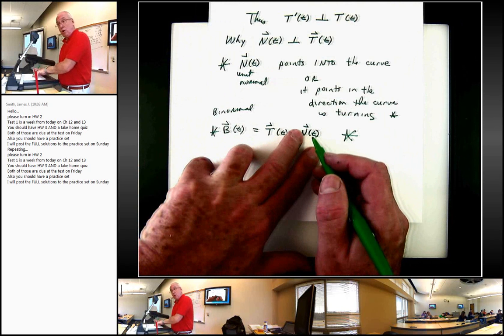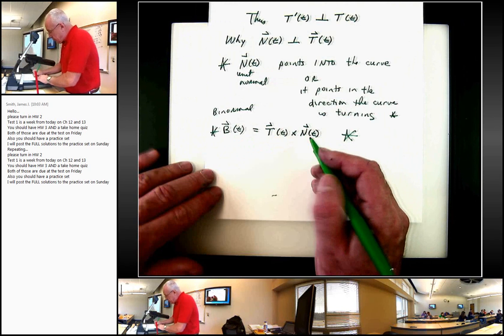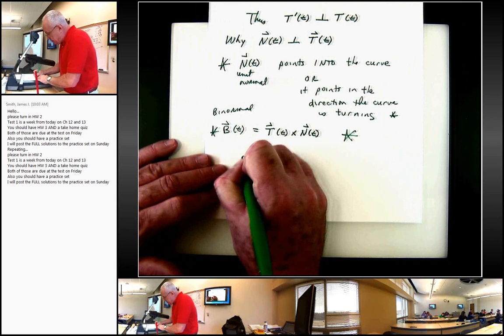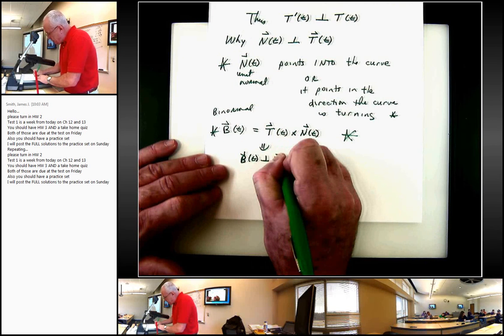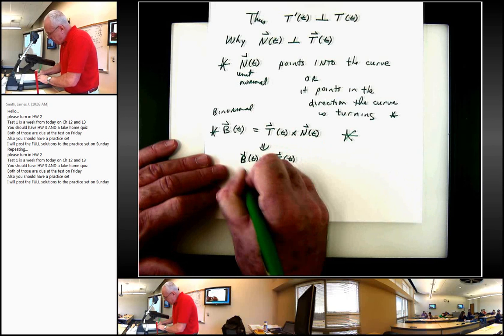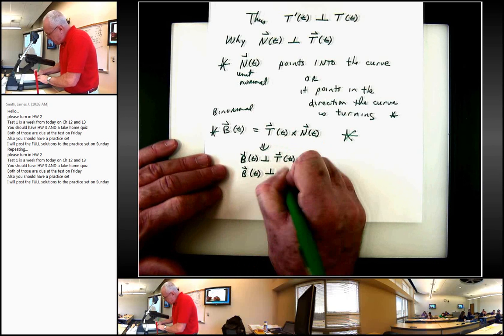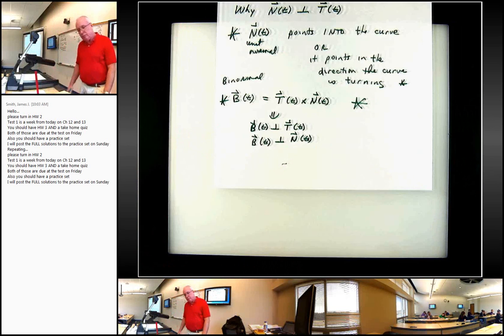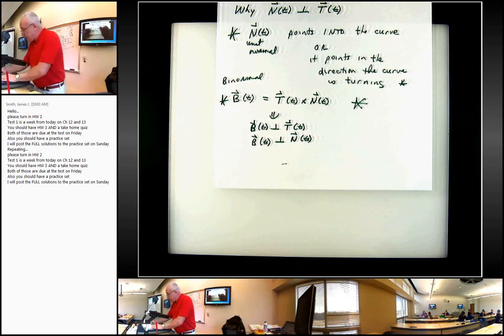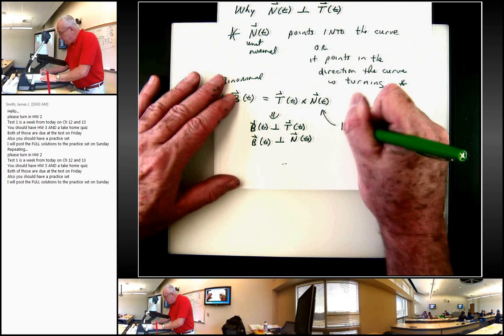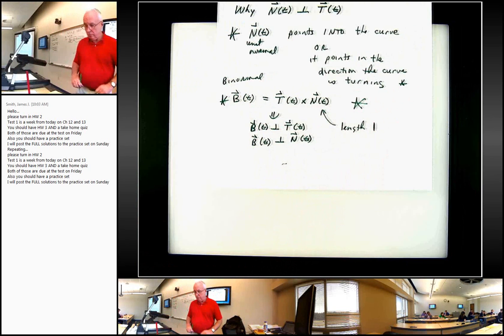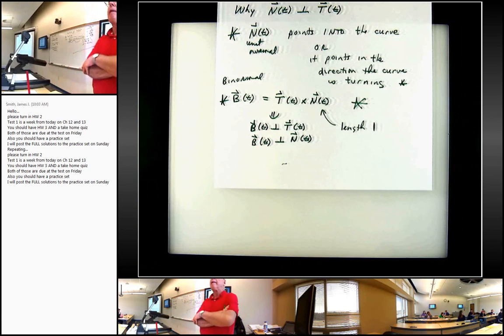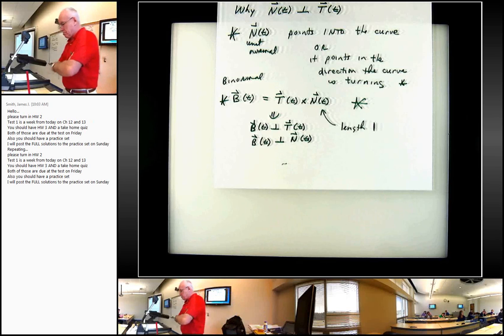So B of t is perpendicular to T, and B of t is perpendicular to the normal vector. You can check this out for yourself. It also has length 1.